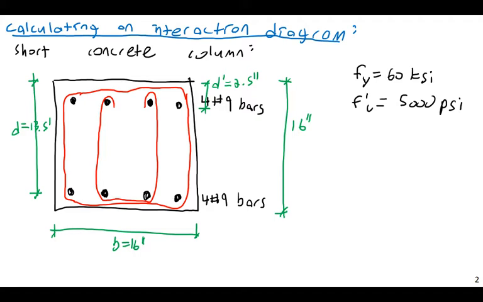Okay. So basically I'm going to have 5 critical points that I'm going to use to define this column interaction diagram. And so I want to work through a series of calculations, finding the loads at each of these points. So the first point, oh, actually maybe I can give you a little rundown here. This is sort of my roadmap.